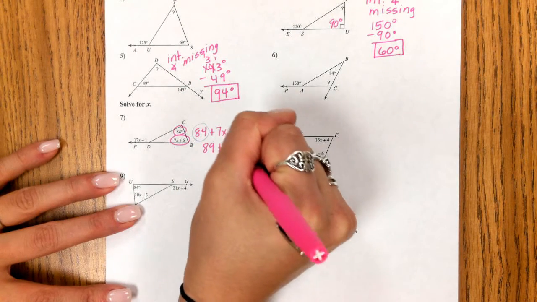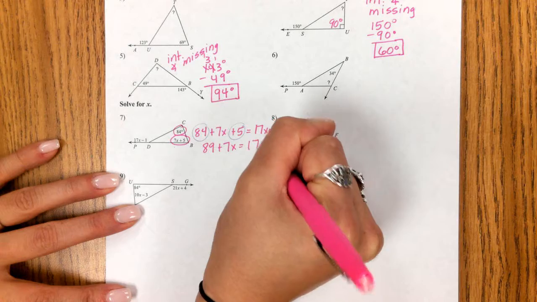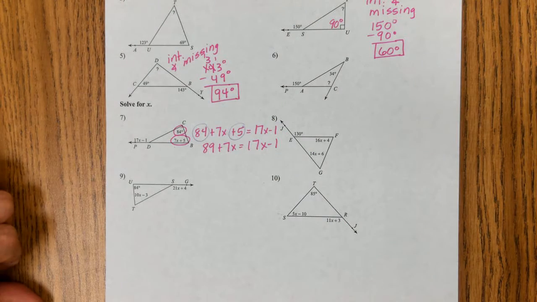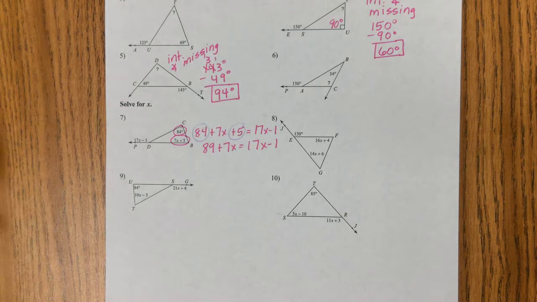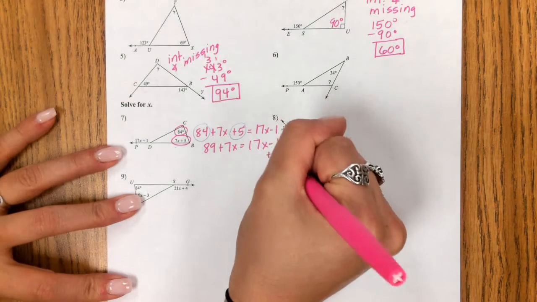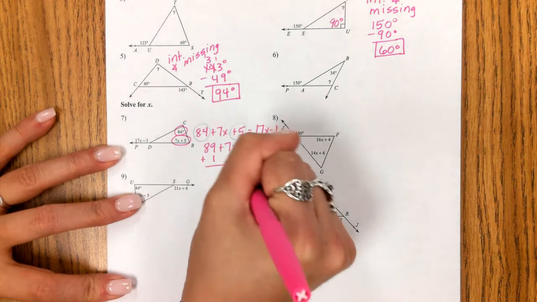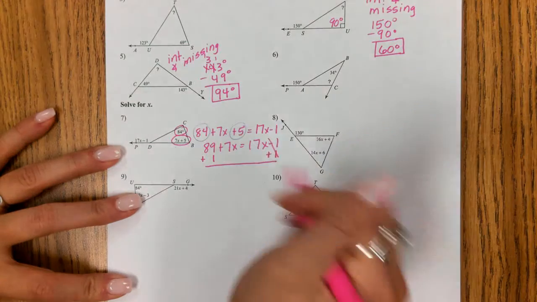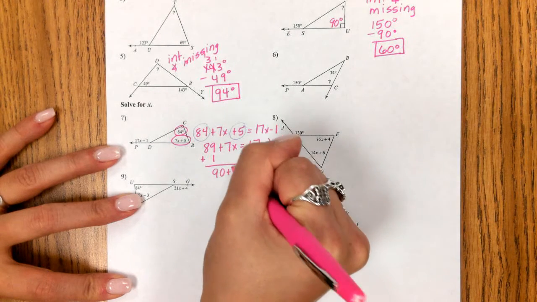And everything else should stay the same. You bring down the 7x, bring down that second part of the equation. Next, we are going to move all my whole numbers to one side, all my variables, coefficients to the other side. So I'm going to add 1 to both sides. That cancels out. That equals 90.